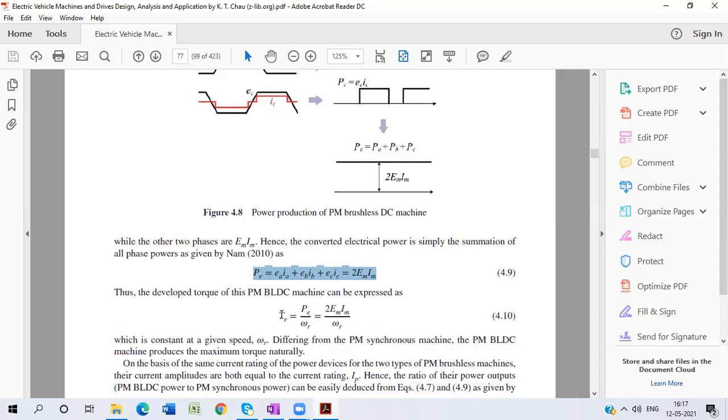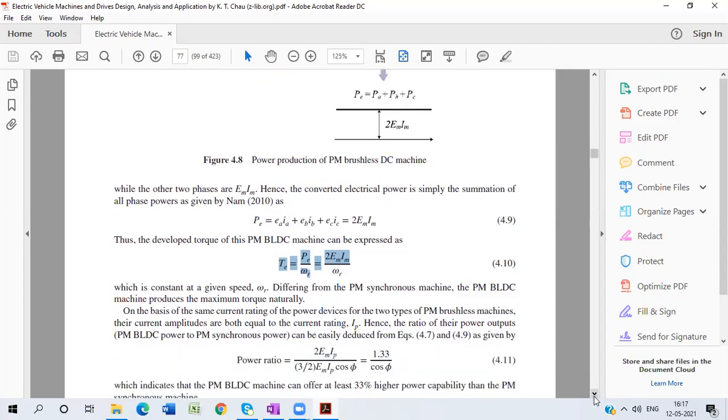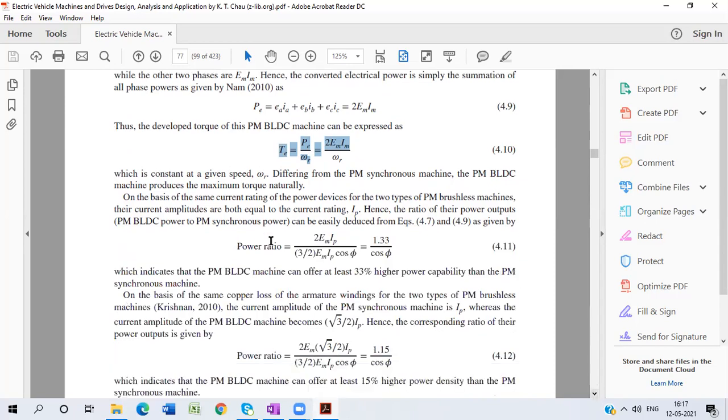Then you have to see the torque equation of the PM machine. Now take the ratio of the power output. You want to compare the PM synchronous machine and the PM BLDC motor. By comparing, you can find, and we have already proved, that the power of the PMDC machine is 33% higher than that of the synchronous machine.